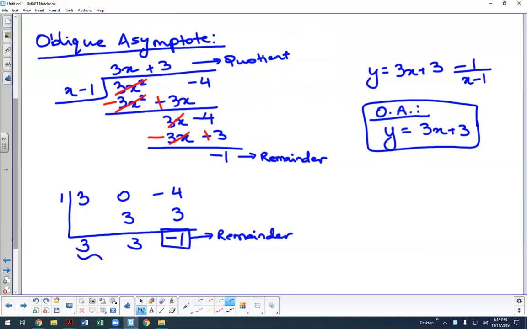And then our quotient is still going to be y equals 1 degree less than the expression itself. So it becomes 3x plus 3, which also happens to be our oblique asymptote.